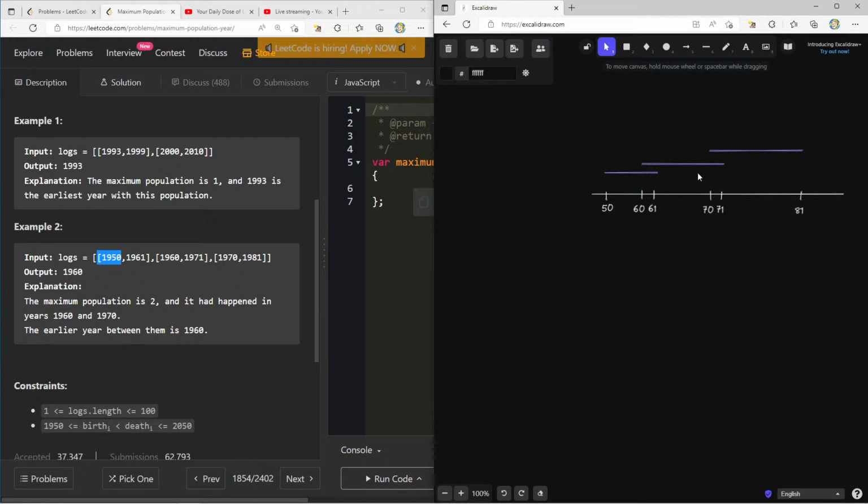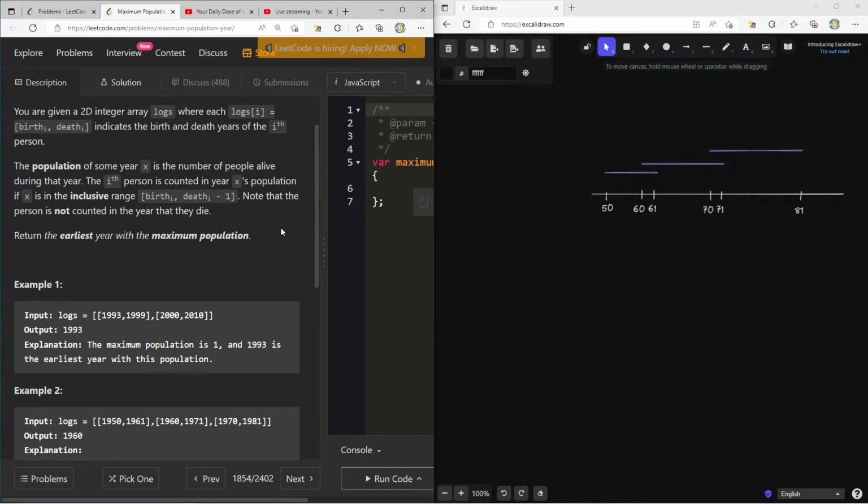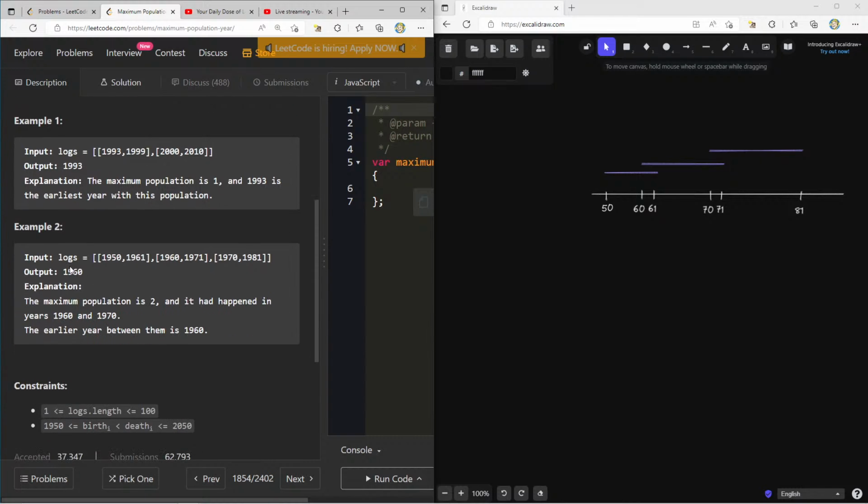The one that was born here, and then here you also had 2 people that lived. Oh, I see. So it is true for both. Okay, I see. Earliest year with the maximum population, 2 and 2. Okay. So no, I think I was doing the algorithm correctly. Both of them had 2, but the earlier year is 1960. So if anything, you have to find the one that is shared among them.